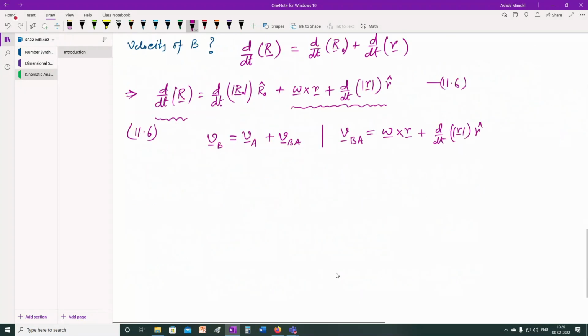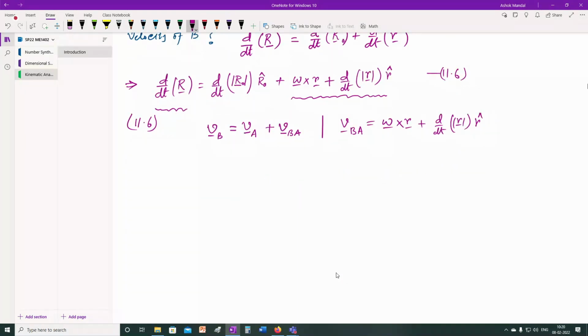All right. Now we have 10 minutes, and I hope I can complete the acceleration terms. This is called the velocity of B with respect to A.